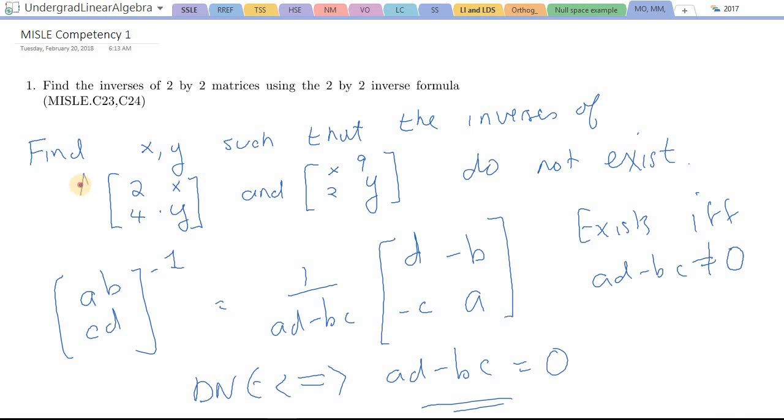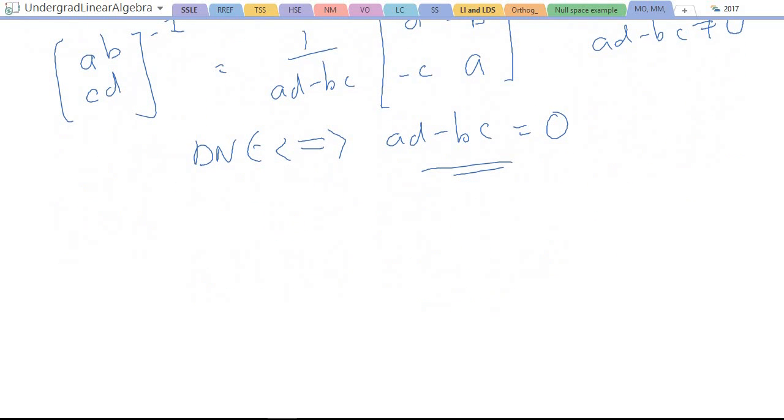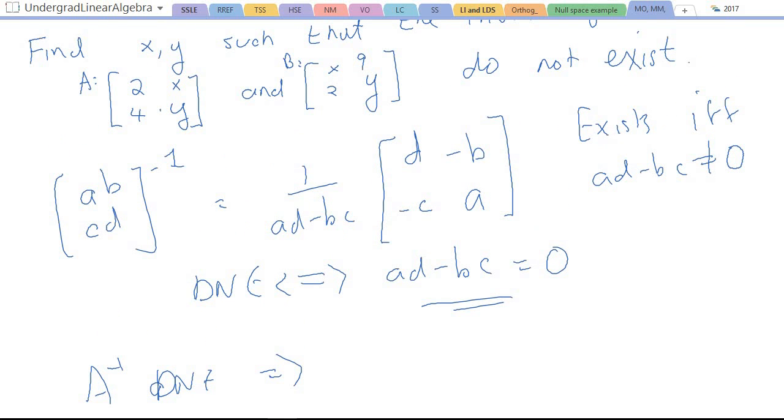So let me just call this A, and I'll call this B. So A inverse does not exist, gives me a condition on x and y. That tells me that, well, let's take AD minus BC. Looks like 2y minus 4x.